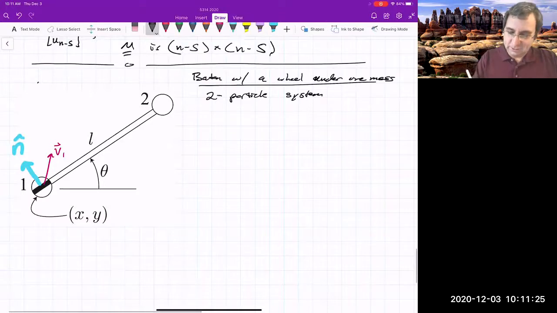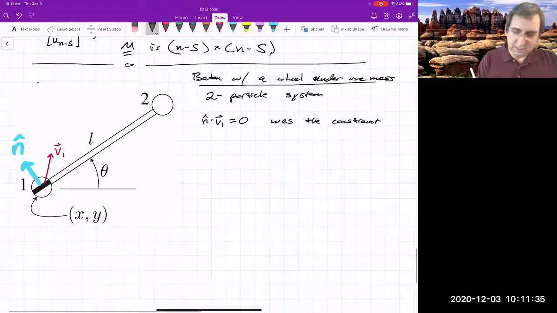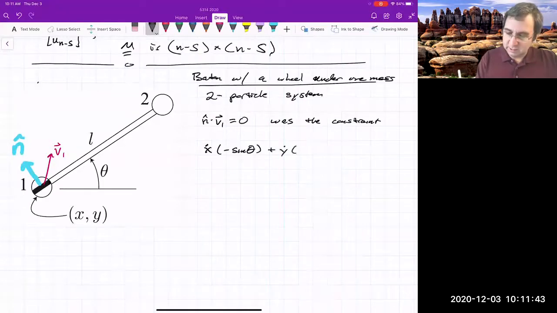So n hat dotted with v1 equals 0 was the constraint. And it gave us something of the form x dot minus sine theta plus y dot cosine theta equals 0.